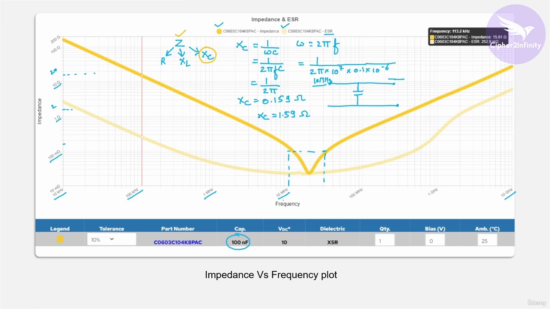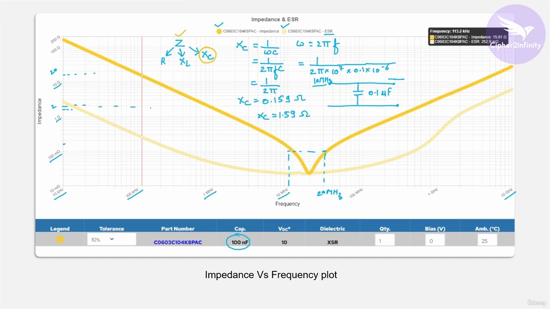So all the frequencies between 10 megahertz to 20 megahertz will be bypassed by a capacitor with a value of 0.1 microfarad. Now this does not mean that a frequency like 1 megahertz will not be bypassed by this capacitor. It will also be bypassed, but for this frequency the impedance provided by this capacitor is actually 2 ohms.